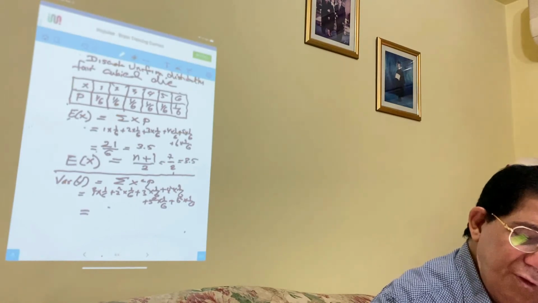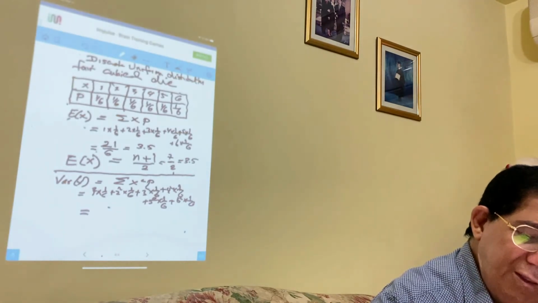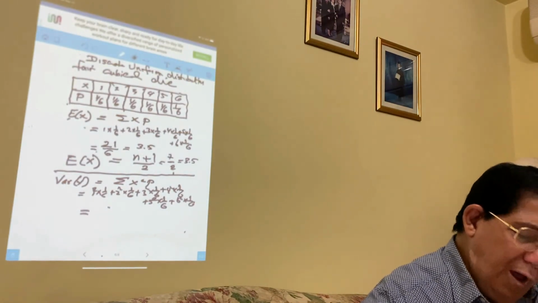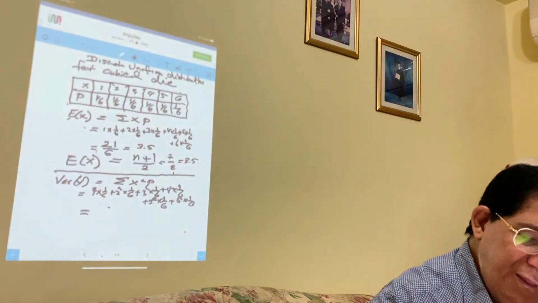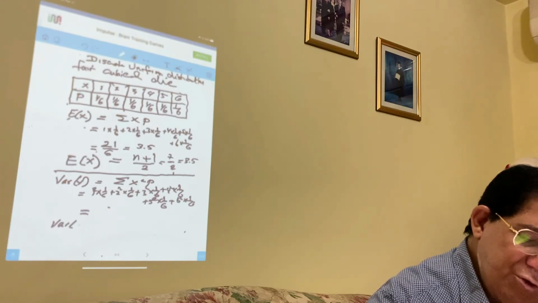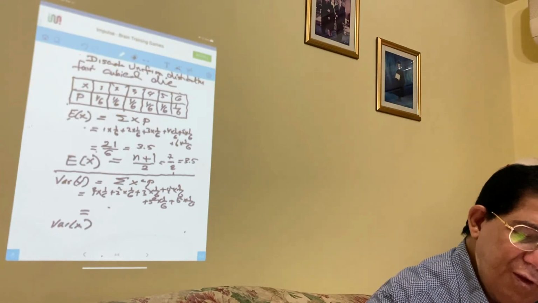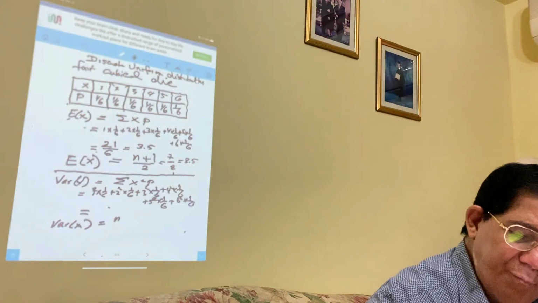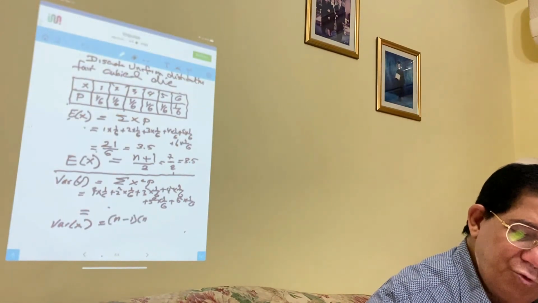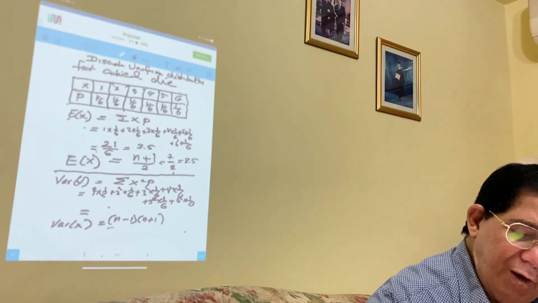After we simplify it, the answer is exactly the same as the rule: variance of x equals (n minus 1) times (n plus 1) over 12.